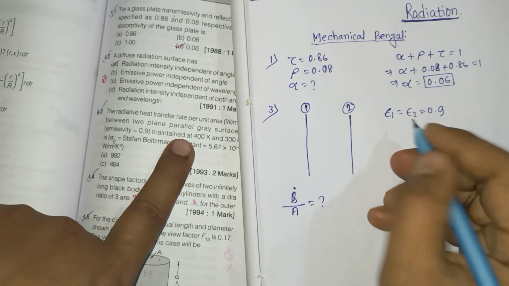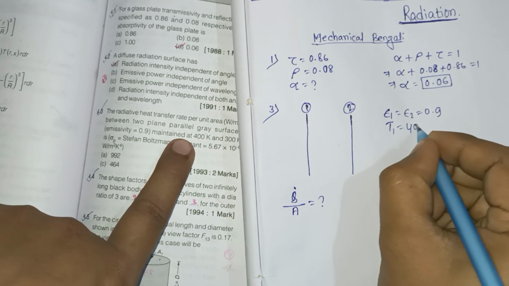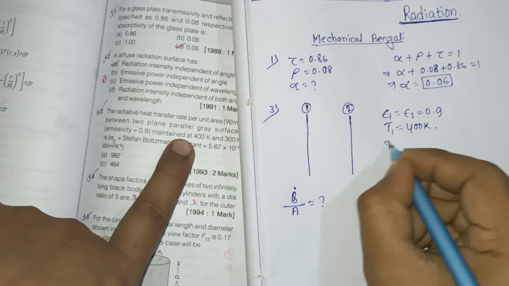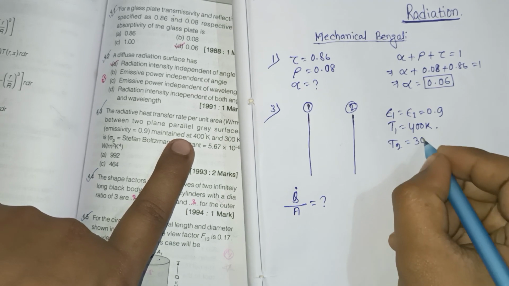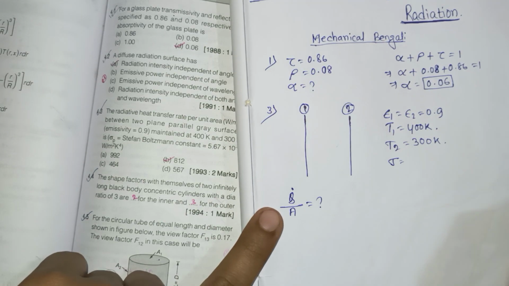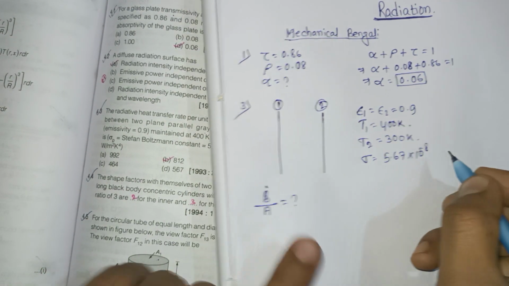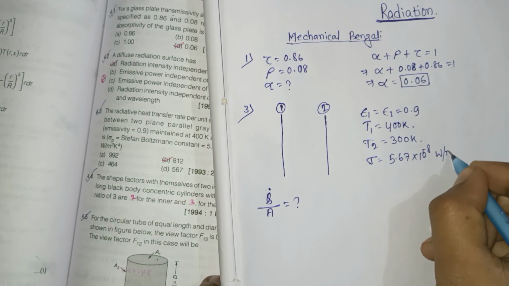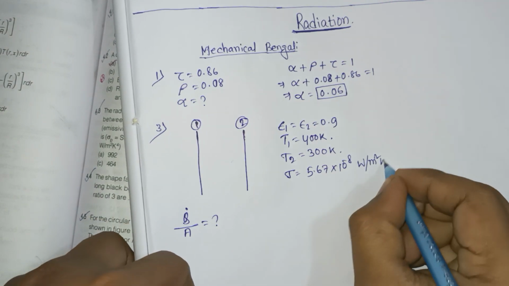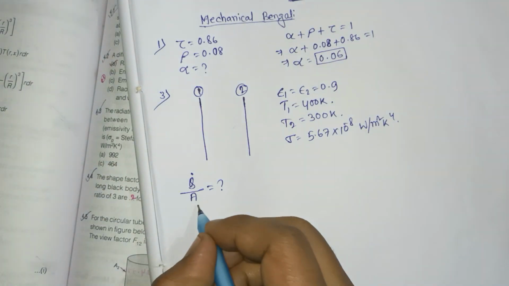The temperature T1 of this plate is 400 Kelvin, and T2 is 300 Kelvin. And what is the value of sigma? 5.67 into 10 to the power minus 8 watt per meter square Kelvin to the power 4. So you have to find Q dot by A.